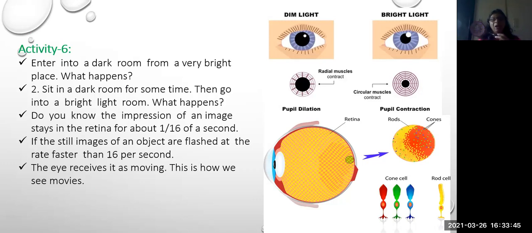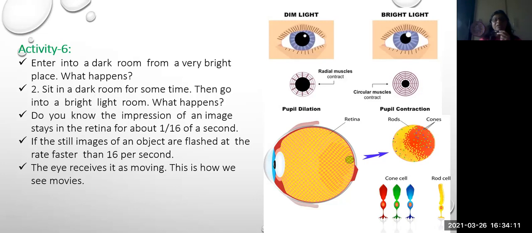So why? How? This is the reason. The image stays on the retina for some time. That is how much? 1 over 16th of a second. In 1 second, it will stay for that 16th time. After that, then the new image you can see.